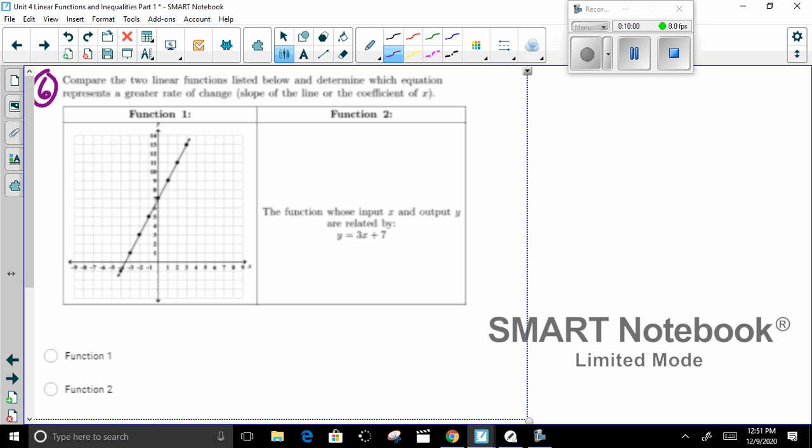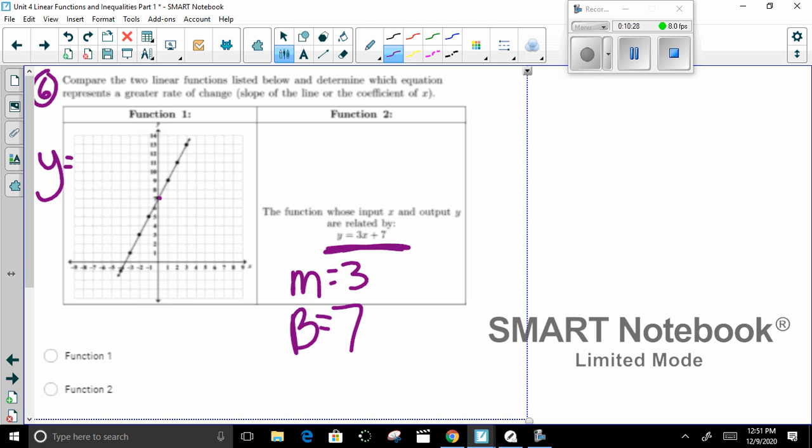Question 6, compare the two linear functions listed below and determine which equation represents a greater rate of change. All right, so I'm given an equation here in the second function. Think about this, in the second function, my rate of change, or my slope, is 3, and my y-intercept is 7. I'm not given an equation for this one, so I'm going to make it so I can identify everything.